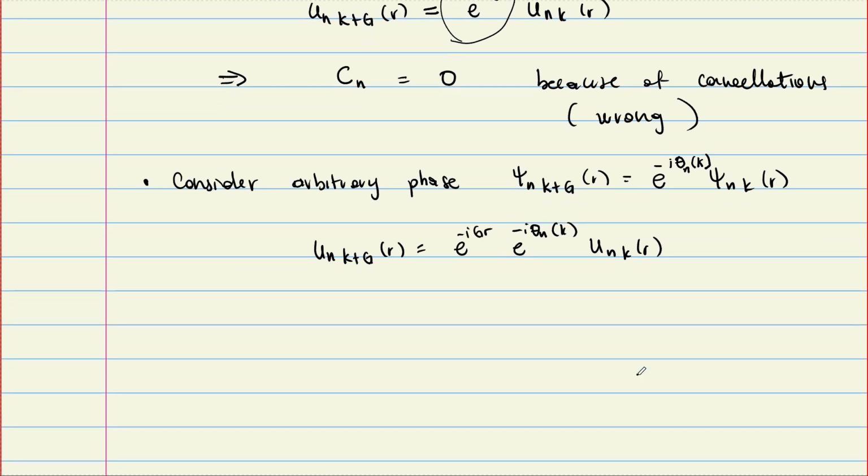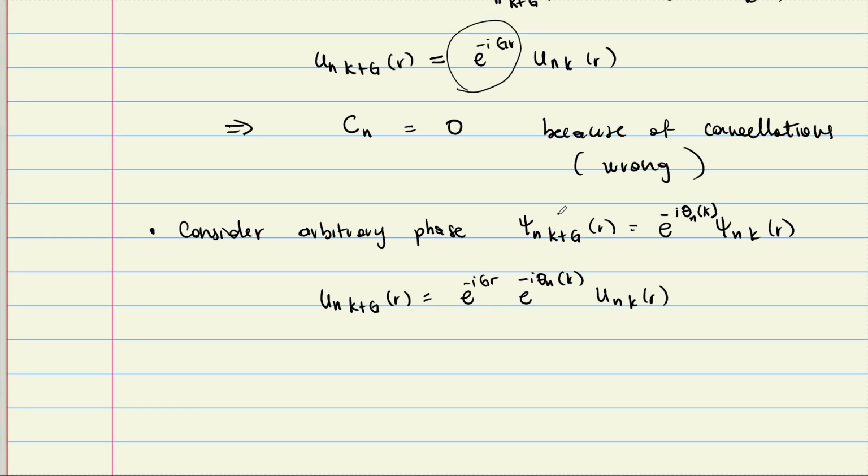So there is an additional phase. And we know if you plug this in, this means u_{nk+g} is going to be shifted by this. Let me not write this whole thing. Let me just write the interesting one.